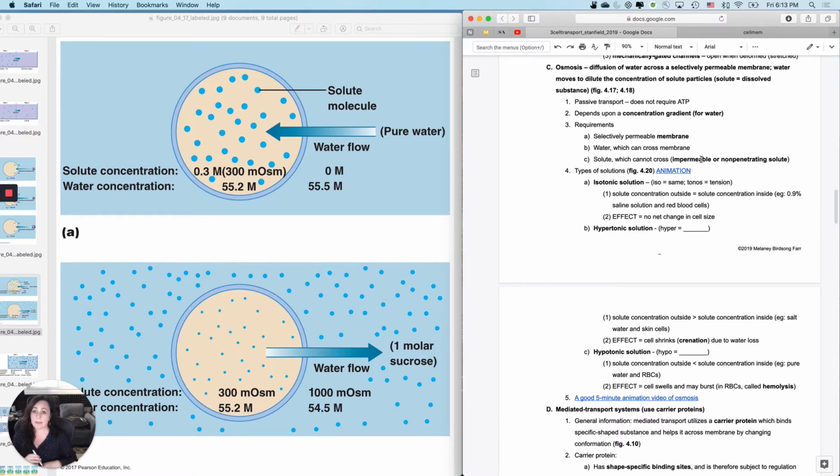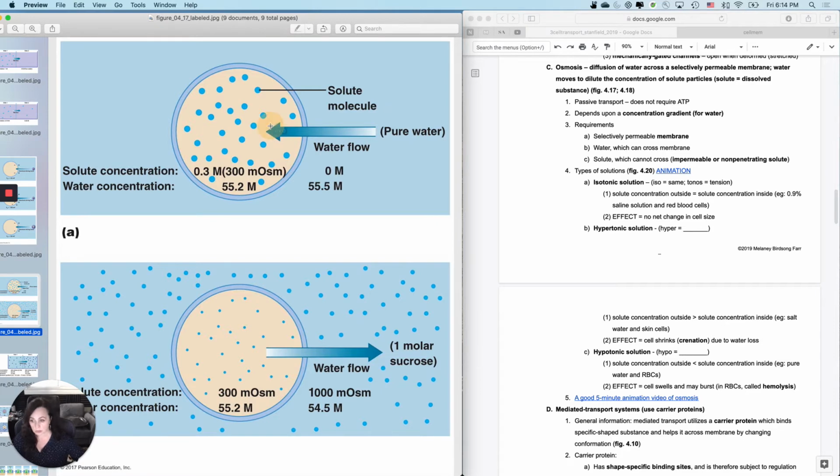So what's going to happen is, even though you're given the solute concentration, you have to flip your brain around and think about the water concentration. So if the solute is lower here, that means the water is higher, right? The solute is higher here, that means the water is lower, because this is just solute and water solution. So I'm going to move from a high water concentration to a low water concentration, okay?